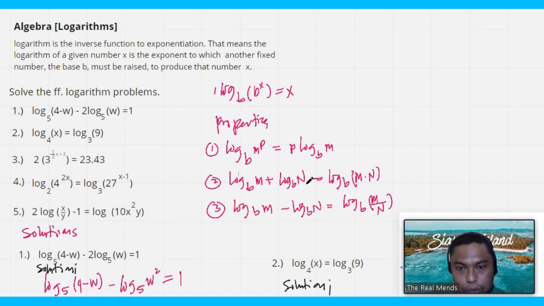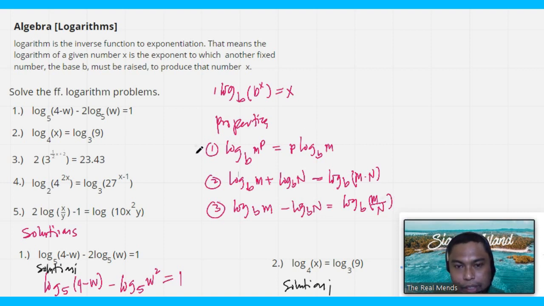If we have log base b of m plus log base b of n, it is just equal to log base b of m times n. And if we have log base b of m minus log base b of n, it is just equal to log base b of m over n.